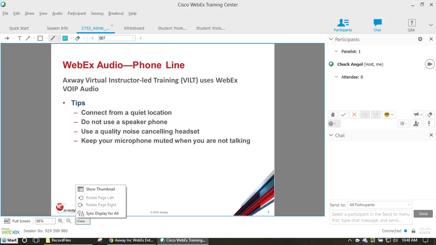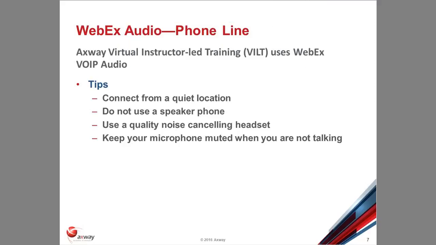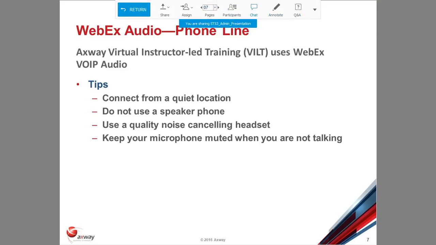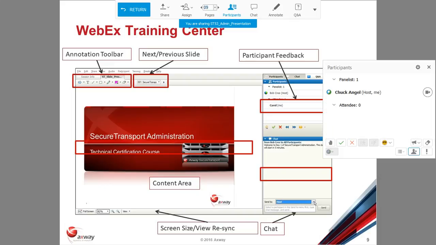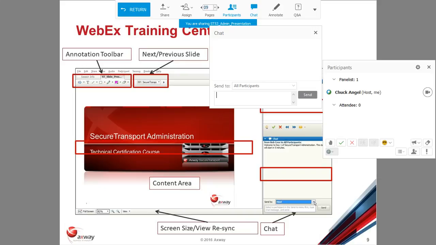Now, if they go full screen mode, which you can do also, that'll allow them to view the slide full screen, and all of those individual panes are still available from the drop down here, so they can go back and change to a different slide than you're on. They can also see the participants and bring that up, and you can as well, and the chat window, but they're individual because the slide is full screen.